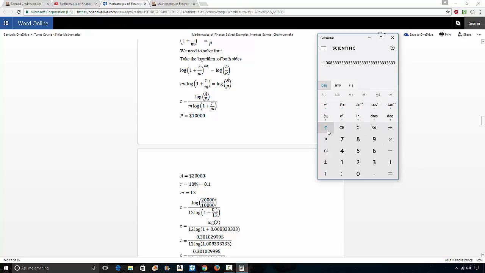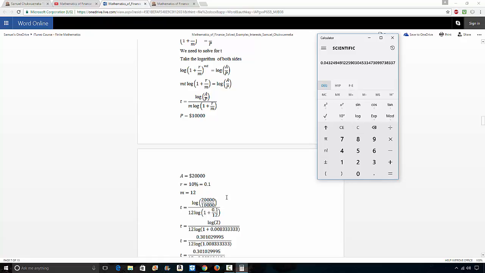Since this is lean, just press this again to get the log and just do log. So log of this is this right away. And then I do times 12, times 12 equal to. So let me save this in the memory. That's the denominator. I save it in the memory.